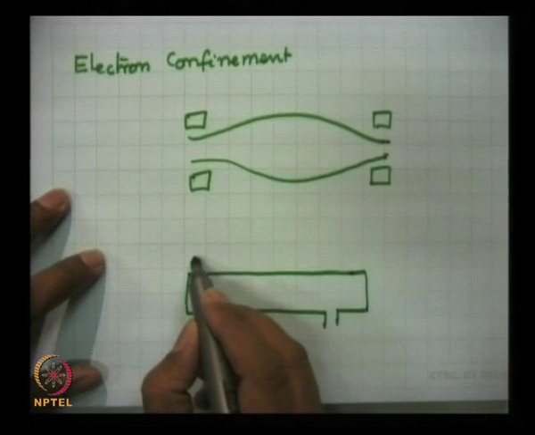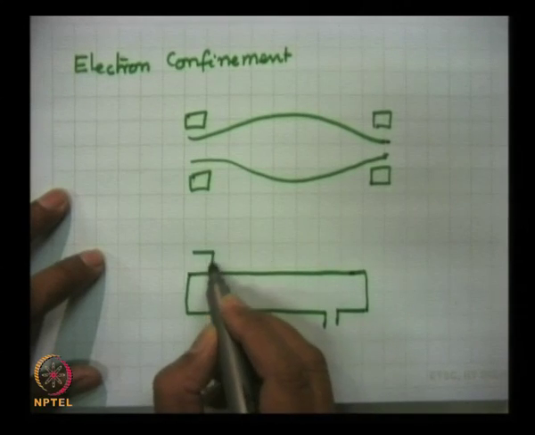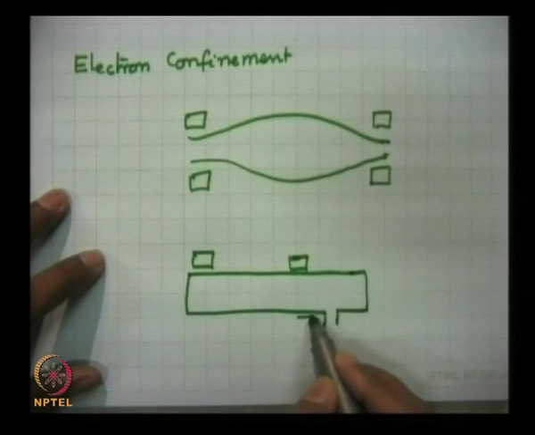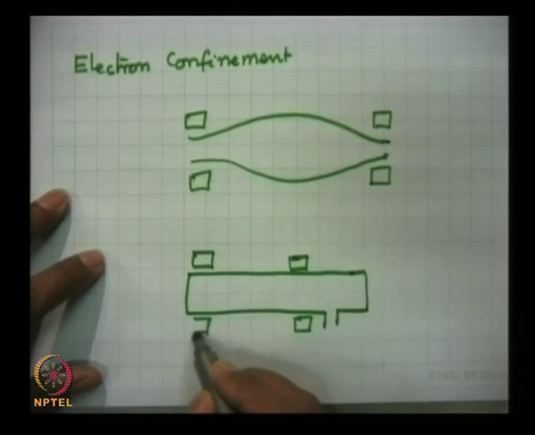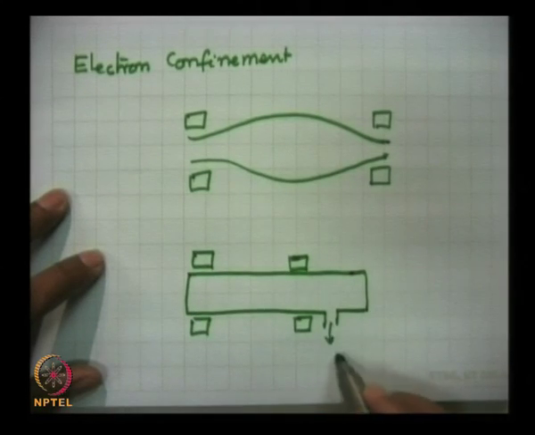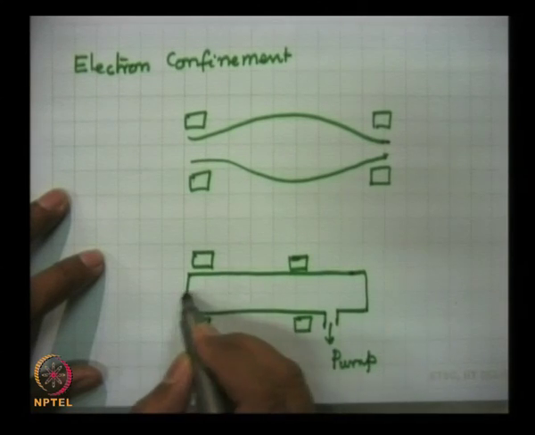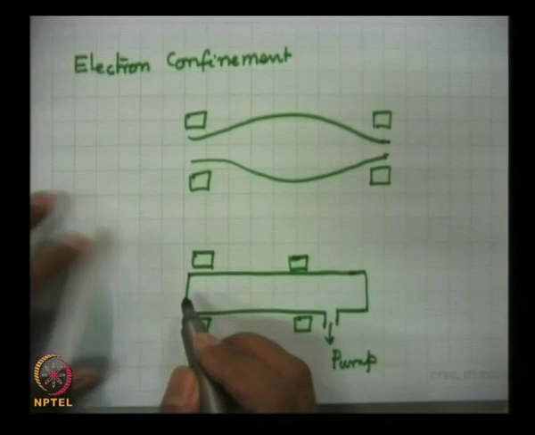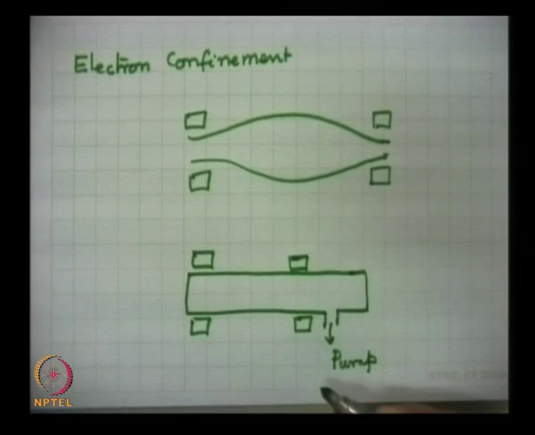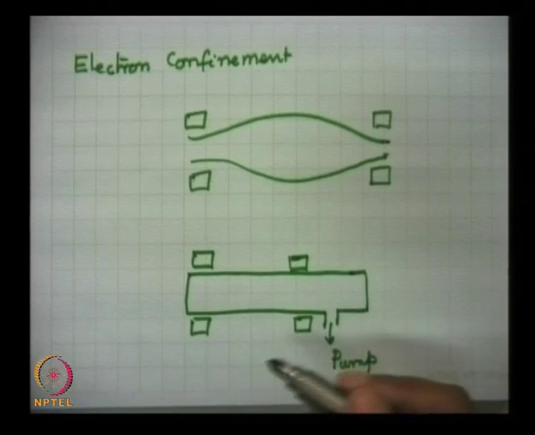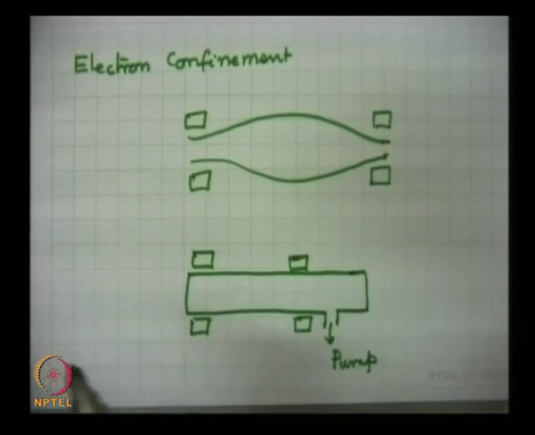You have field coils here, here. These are your field coils. This goes to the pump, and you introduce a plasma in this system. First you create a vacuum and then you create a plasma here. I think those operations I will discuss later, but let me tell how the particles are confined here.